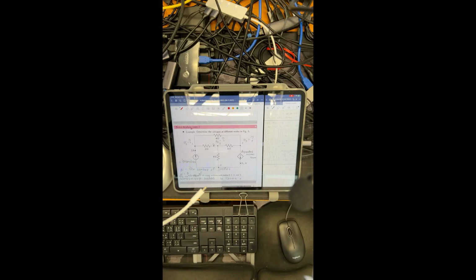It's suitable to solve this one because there are two current sources.